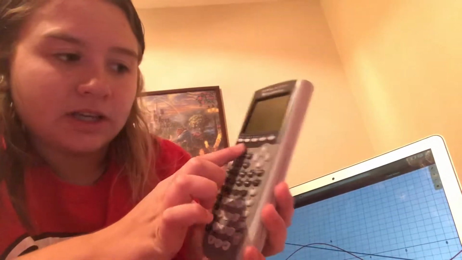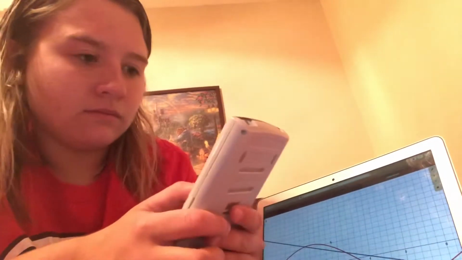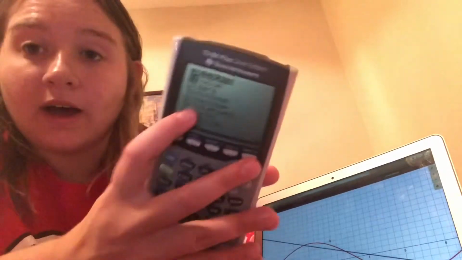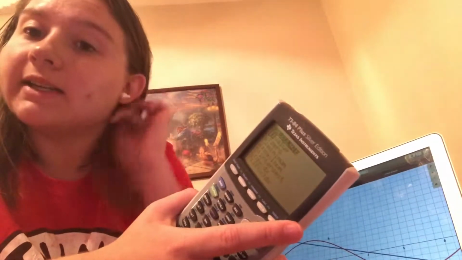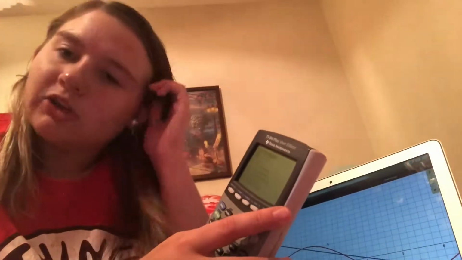If your calculator was working, you would hit second trace, 5, and it would take you down to where it says intersect. You move your cursor to where the lines are intersecting and hit enter three times, so it'll guess where they intersect and give you a point.